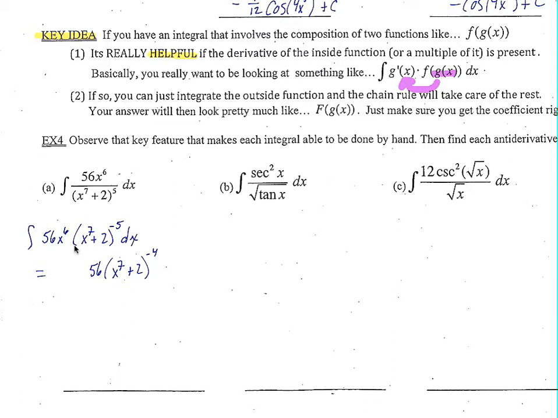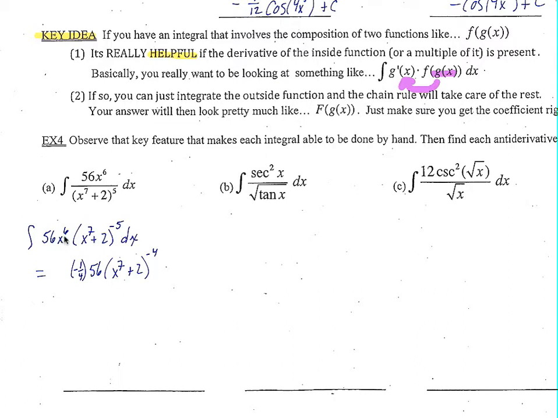When I take the derivative of this, I'm going to end up with negative 4 out here in front. So in anticipation of that, I'm going to put a negative 1/4. When I do the chain rule and take the derivative of the inside function, I'm going to end up with a 7x to the 6th.